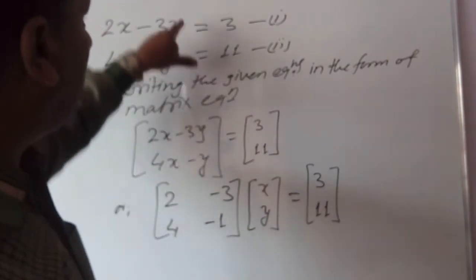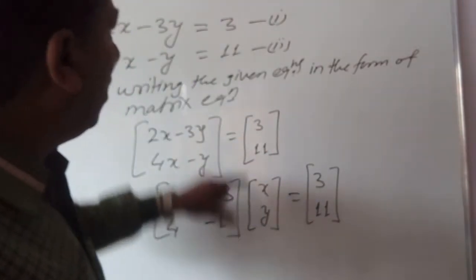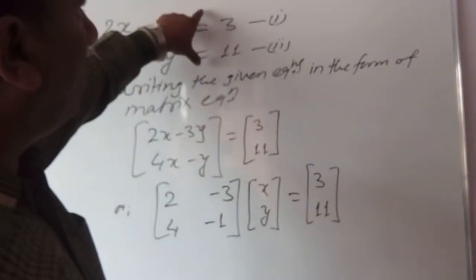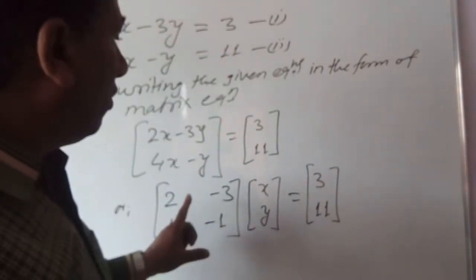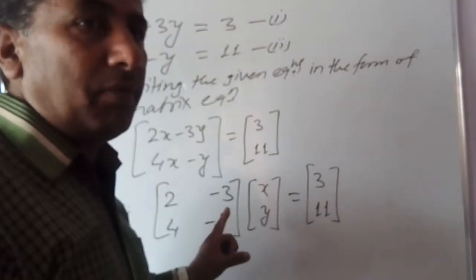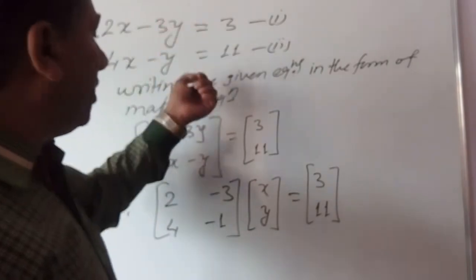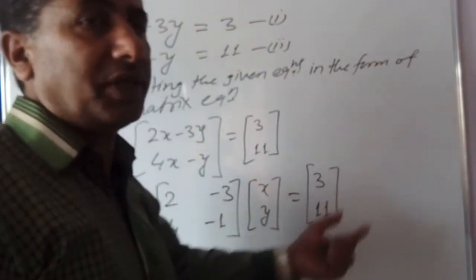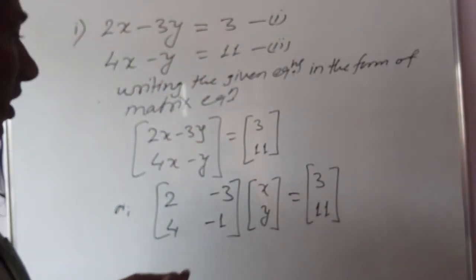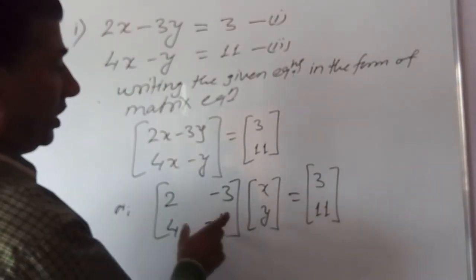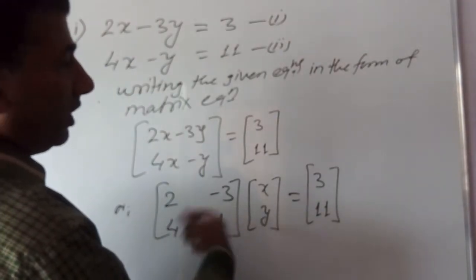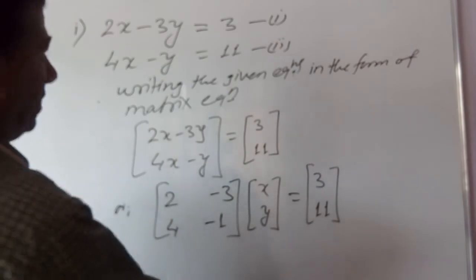Do not think this and that are different. When we multiply, again we will get this one, and from here again we can go back. Now we wrote the given equations in the form of a matrix equation.